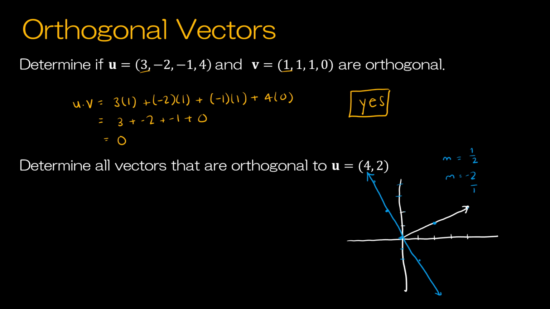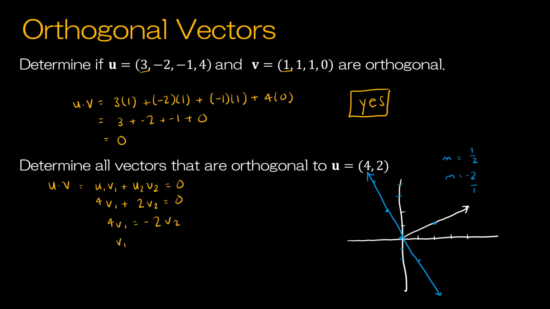So now let's do the math. For u and v to be orthogonal, u dot v, which is u1 v1 plus u2 v2, has to be equal to 0. Well, u1 is 4 and u2 is 2. So that tells me that 4v1 has to be equal to -2v2.